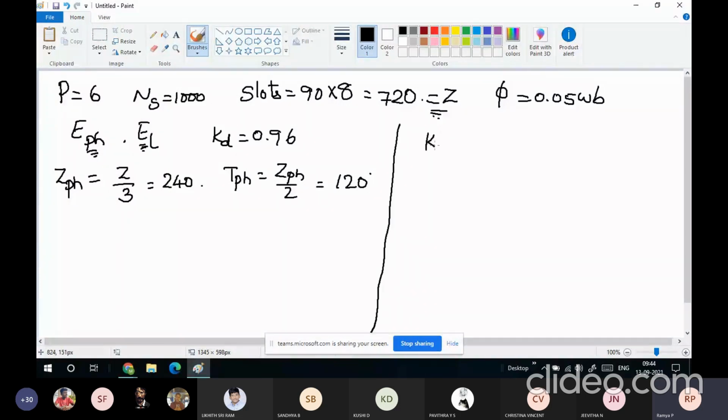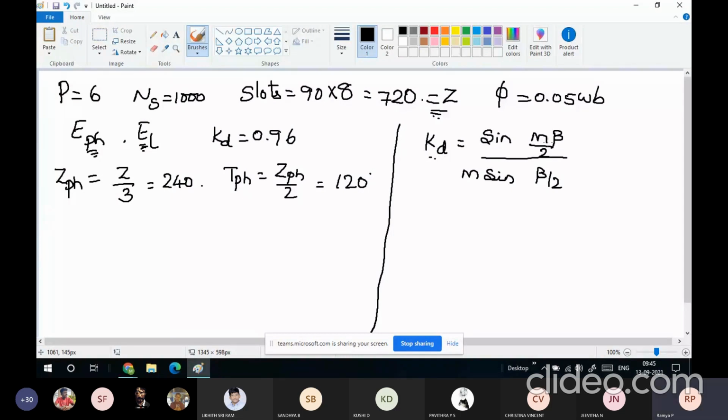You know that KD will be equal to sine of m beta divided by 2, whole divided by m into sine of beta by 2. They have given KD as 0.96, so I am not going to calculate it directly. Just take m and beta, which we are going to calculate now.